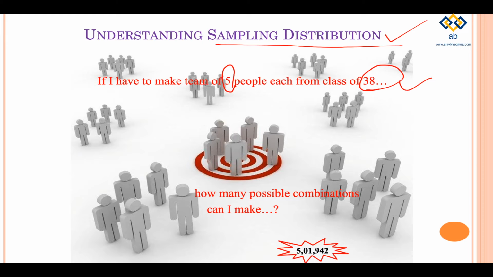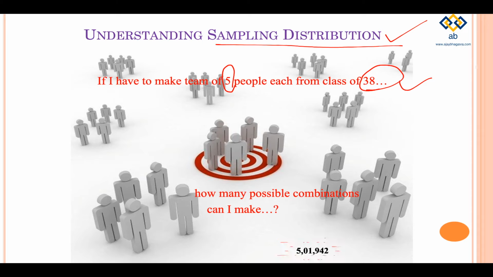So you remember that formula of NCR. I have done nothing. N is the total population size, so for us it was 38. R is my sample size, so R I have put as 5, and this has given me 5,01,942, right?